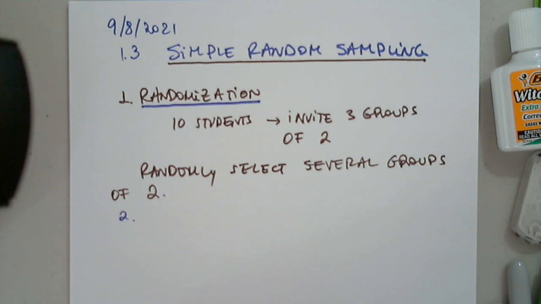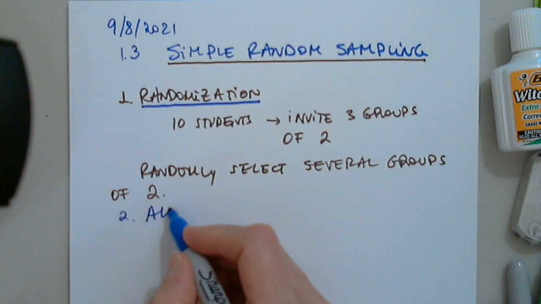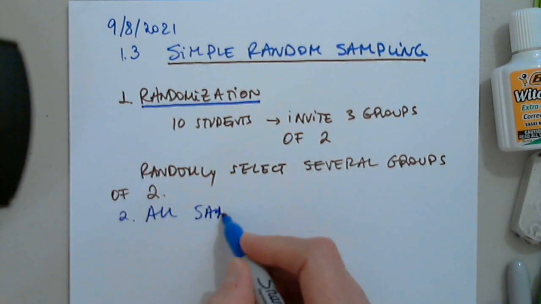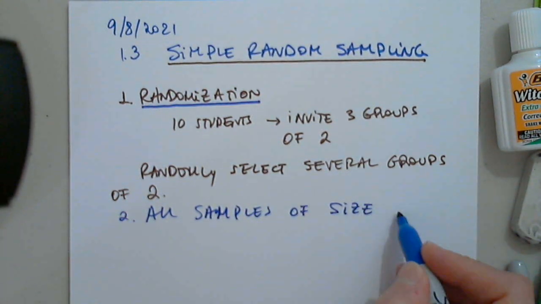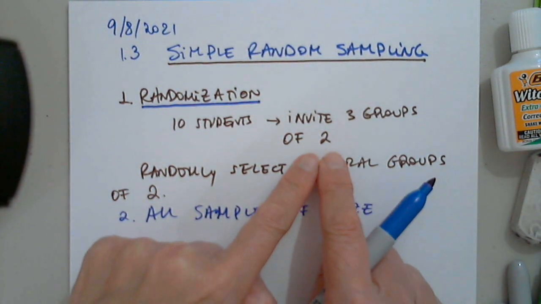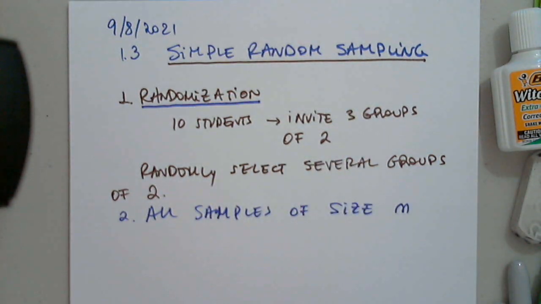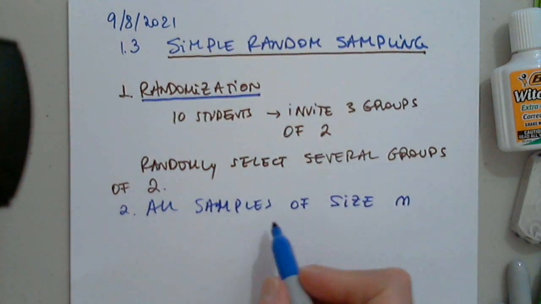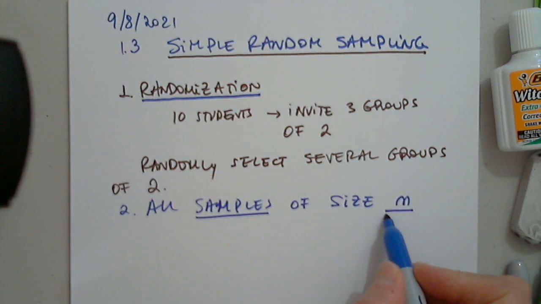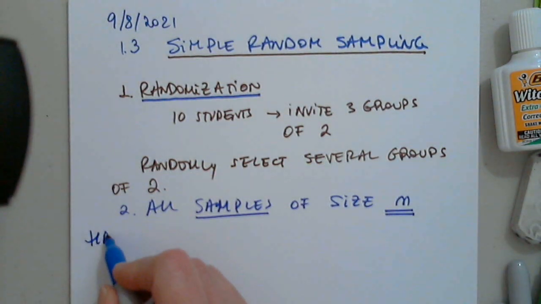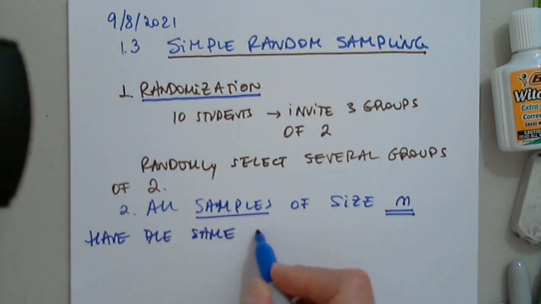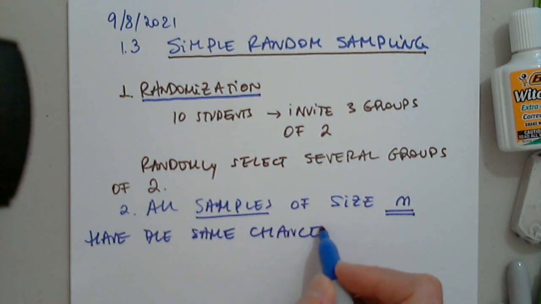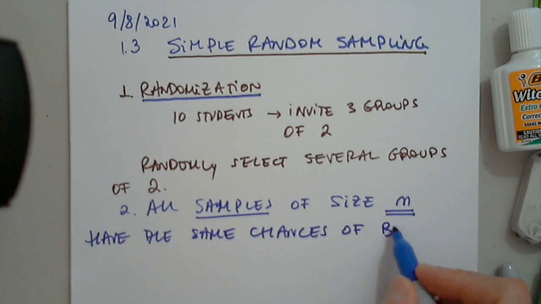Number 2, all samples of size n, like I did here with size 2, or then in another example with size 6, all samples of the same size have the same chances of being selected.